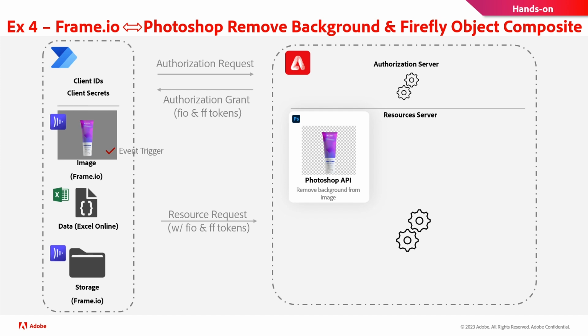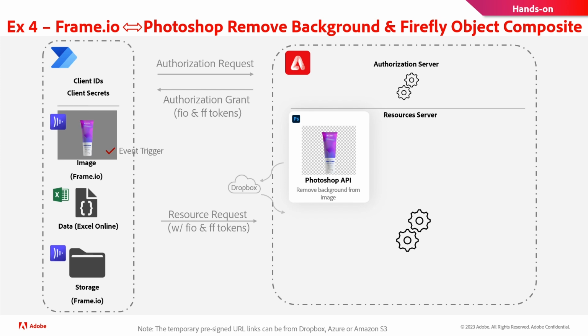This can be one of three temporary storage mechanisms. It could be Dropbox, Microsoft Azure, or Amazon S3. So the output from Photoshop needs to be temporarily stored in this repository.